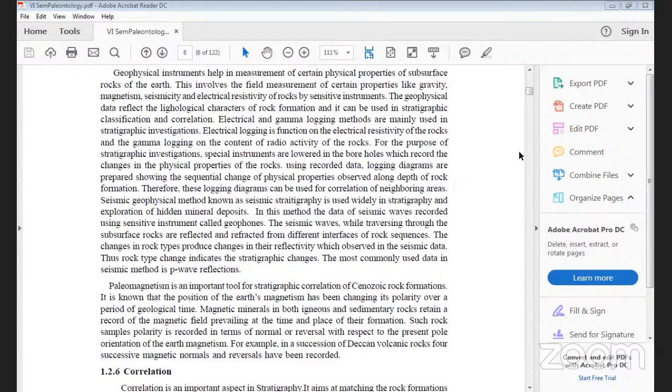The Earth consists of both igneous and sedimentary rock terrains, and these rock terrains retain the magnetic minerals. These magnetic minerals we can identify using paleomagnetic processes.